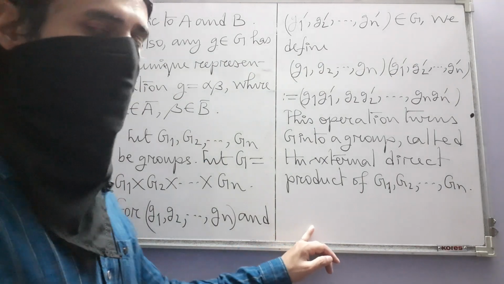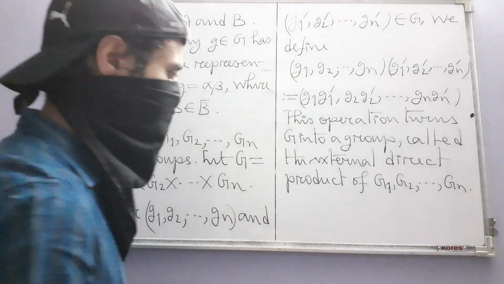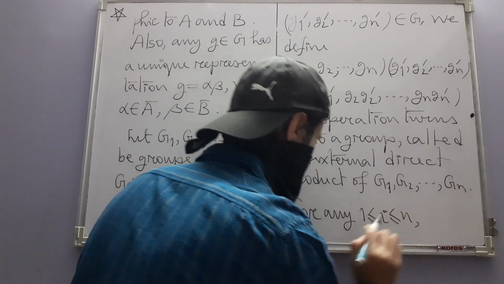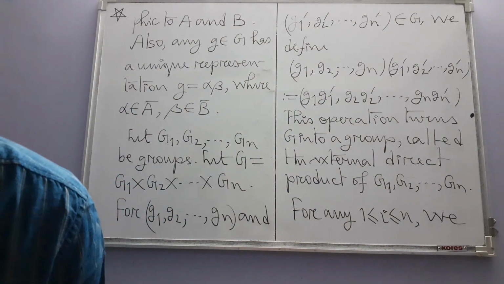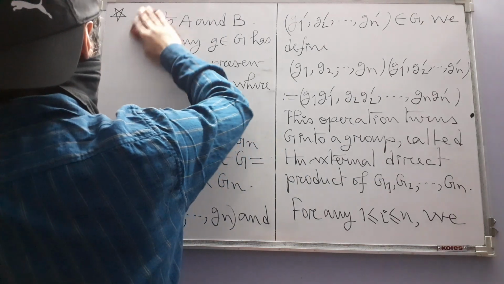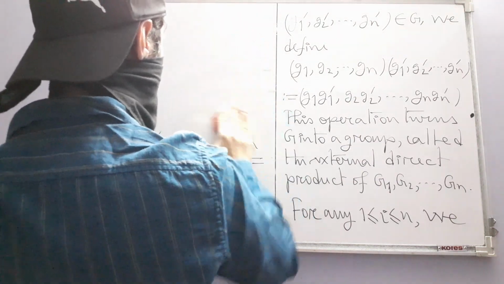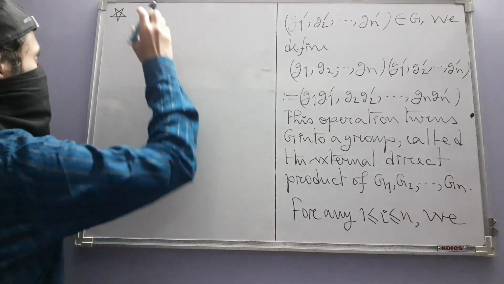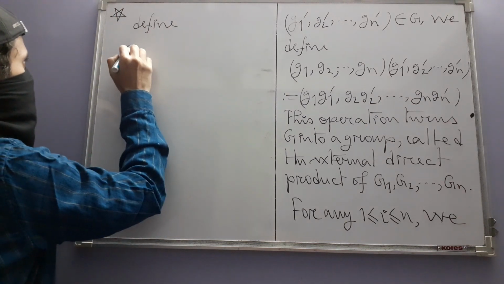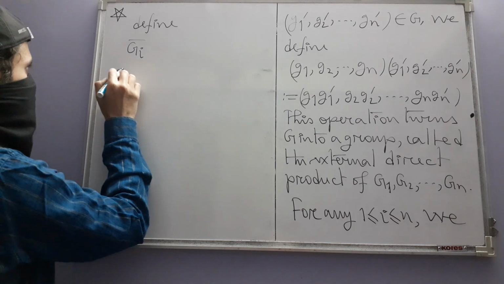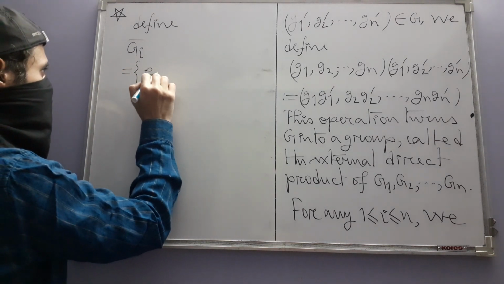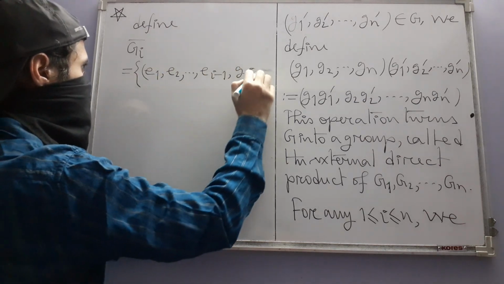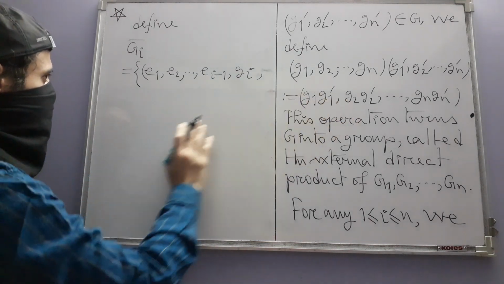Now let us also define similarly those subsets like A bar, B bar for any integer i in this range. We define Gi bar to be the set of tuples (e1, ..., e_{i-1}, gi, e_{i+1}, ..., en), where gi belongs to Gi, and you do understand that these are the respective identity elements in the groups. I won't be able to write the tuple at one go, so I have to break it.